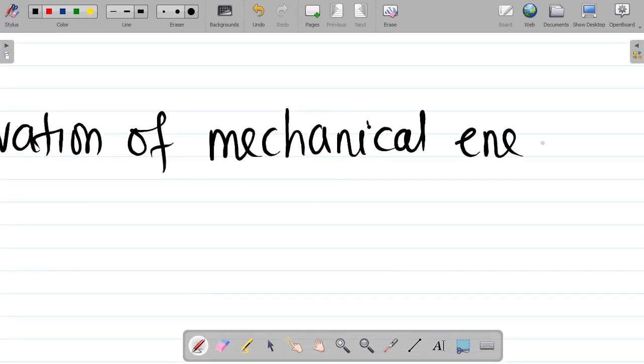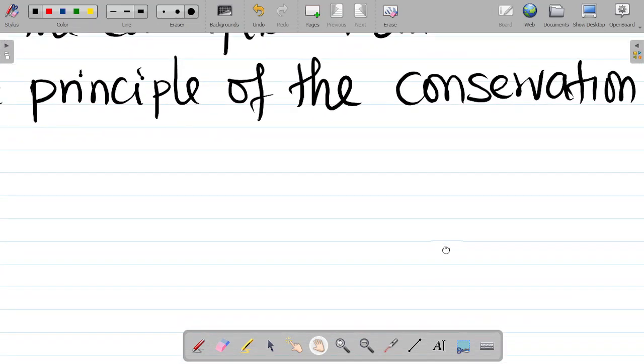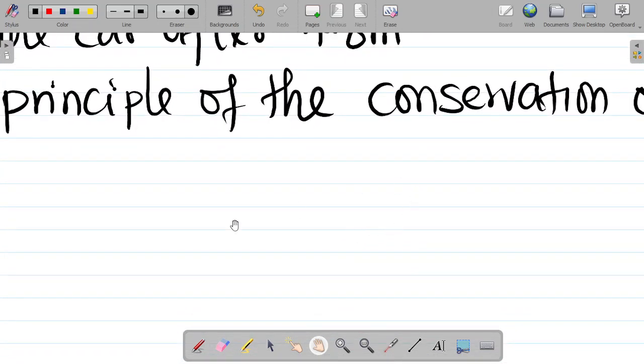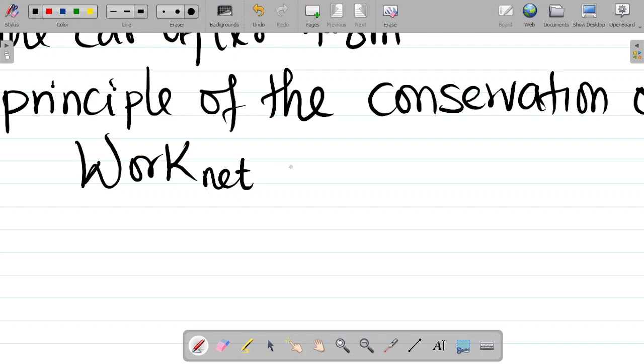Now, the mathematical form of this is that the net work done, let's call it work net, is equal to the change in kinetic energy of a body. This is a mathematical form of representing the principle of conservation of mechanical energy. The total work done or the net work done for a system is equal to the change in the kinetic energy.